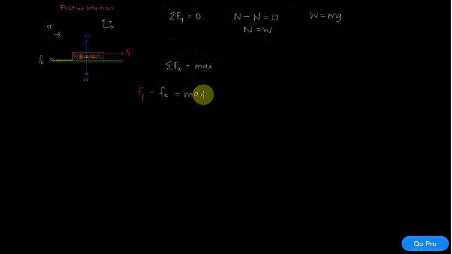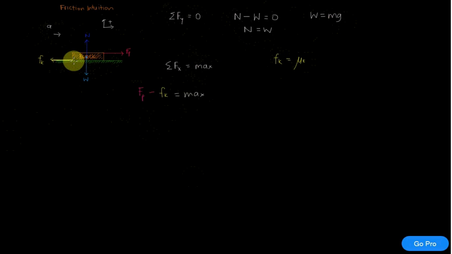mass times acceleration. Okay, so I'm just going to unpack this force of friction for a second. Remember in the previous video we stated that the force of friction is equal to the coefficient of friction. Coefficient of friction is a derived number, and it's basically how much friction this block will experience when it slides on this grass.